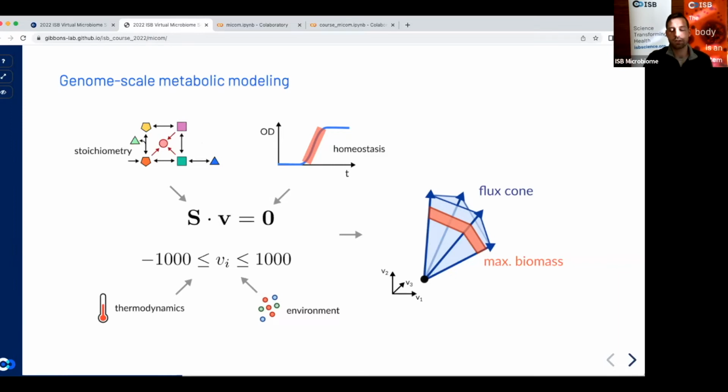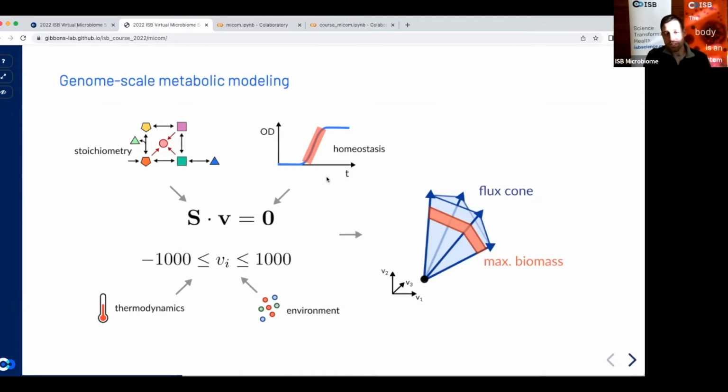For instance, what precursors from one reaction are required in another. We can actually infer this whole stoichiometric matrix from the genome of a microbe by looking at gene abundances and then mapping those to reactions that we know are taking place in that microbe, from which we can then build a reaction network leading us to our stoichiometric matrix, which we set up as our set of linear equations.